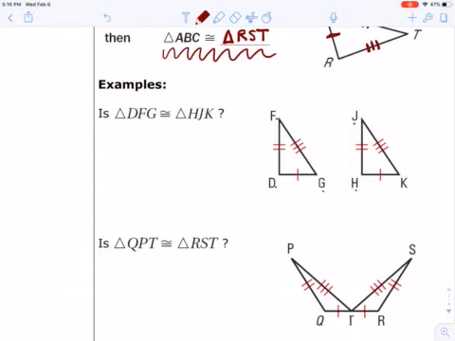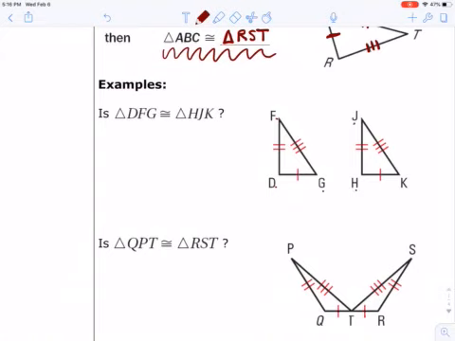Here we have a side DG that's marked with 1 tick mark and it's congruent to HK. DG is congruent to HK. Well, how do we know that? It was given to us in the picture. Anything that's already marked in a picture is something that you are given.